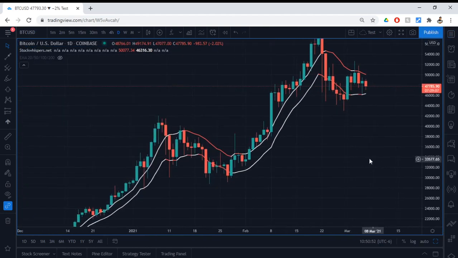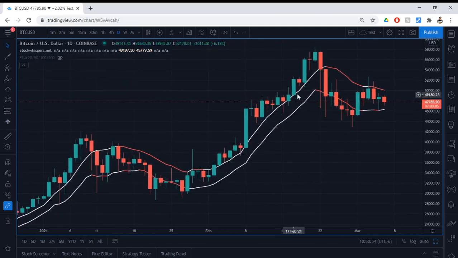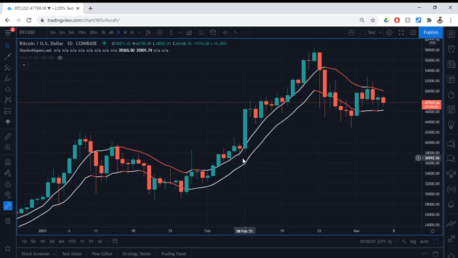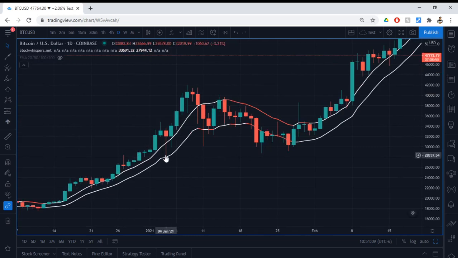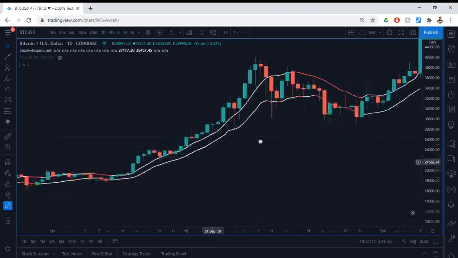So if you see here, price will usually bounce in these areas in the middle between these lines, right? Or at the bottom line or top line. So you see here, it finds resistance at the top line. It finds support at the bottom line, right? Boom, boom.